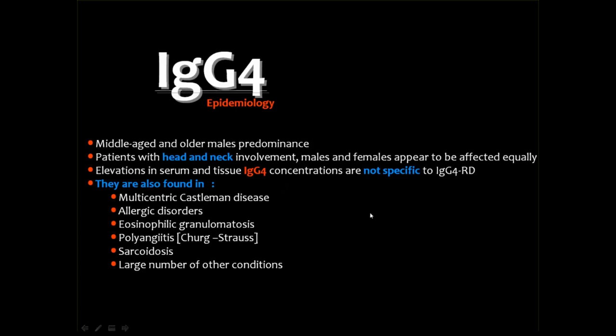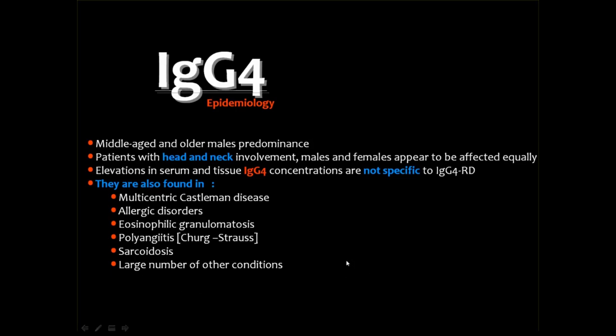Elevation of the IgG4 in the serum or in the tissues affected by the disease is not specific for these related diseases, since it can be found in other diseases like multicentric Castleman disease, allergic disorders, eosinophilic granulomatosis, Churg-Strauss disease, sarcoid, and other conditions.